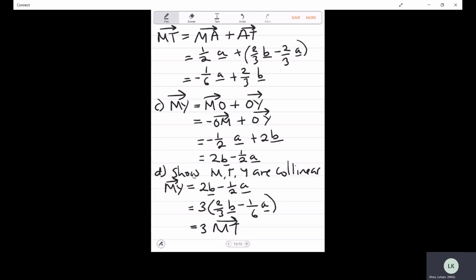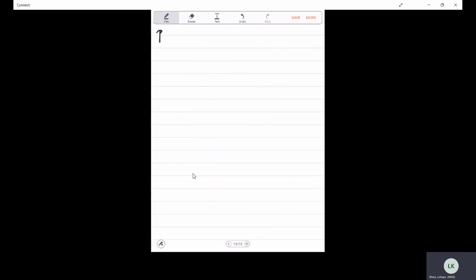So we can say that since MY and MT are parallel, MTY is a straight line.